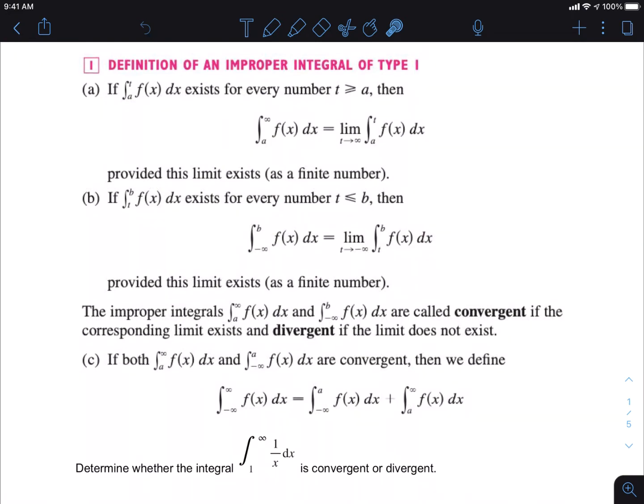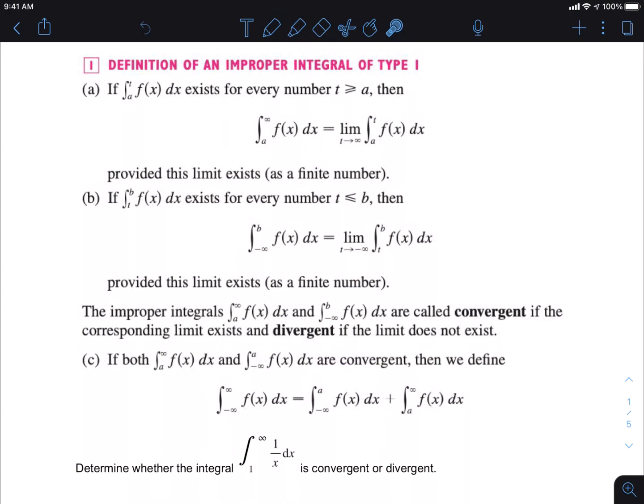But you guys can read about the definition for improper type 1s. I want to do examples for you so that you can understand it, and then we can have a dialogue about these problems. Now, when dealing with impropers, we end up trying to find out one of two things.